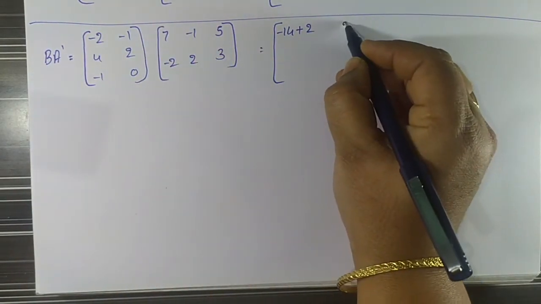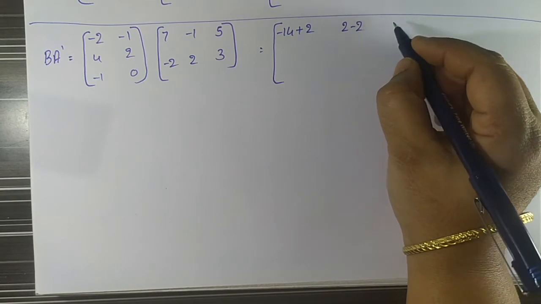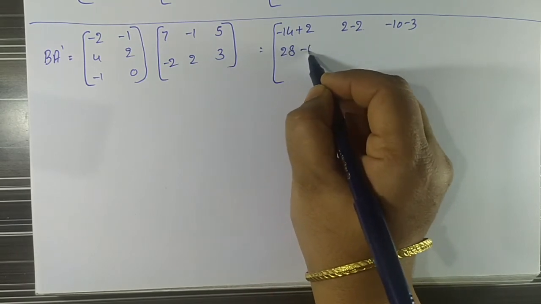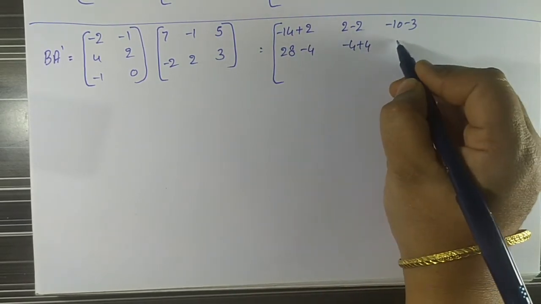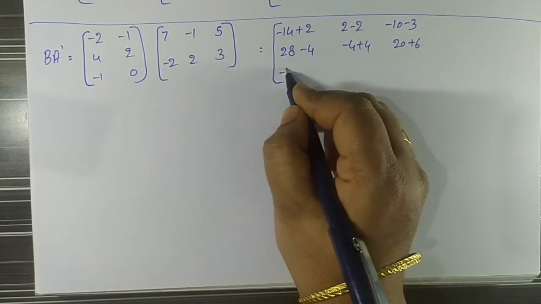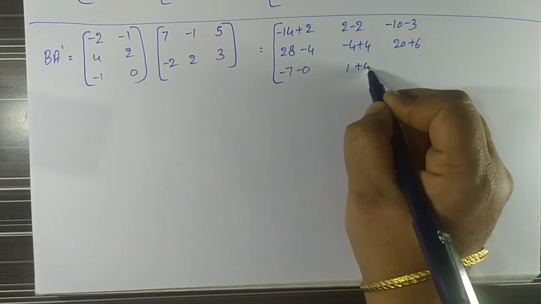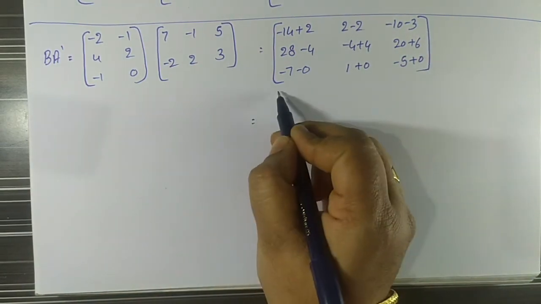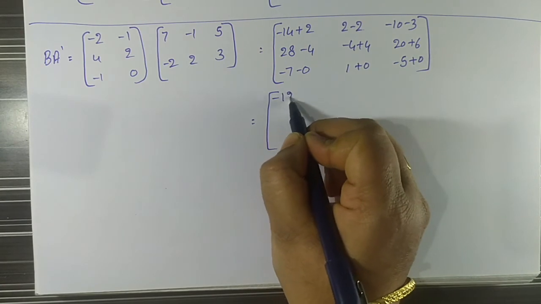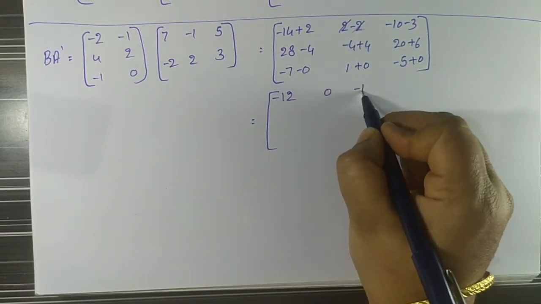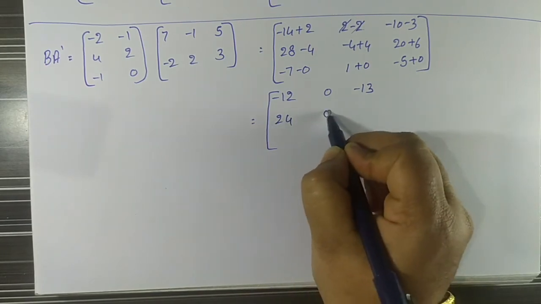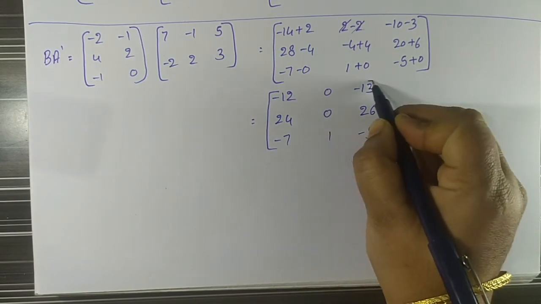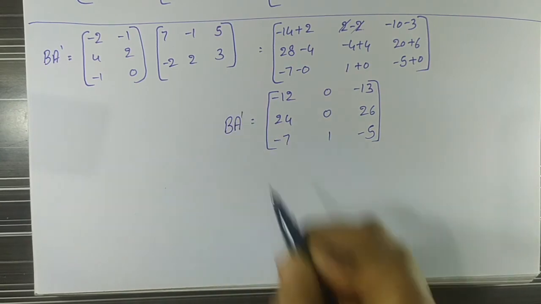First row, second column 2 minus 2, minus 10 minus 3, 28 minus 4 plus 4, 20 plus 6, minus 7 minus 0, 1 plus 0, minus 5 plus 0. Then that is equal to the final matrix minus 12, 0, 2 minus 2 get cancelled, minus 13, 24, 0, 26, minus 7, 1, minus 5. This is B into A dash value.